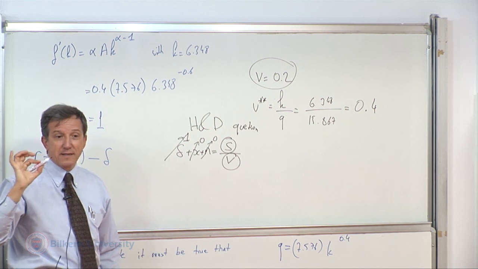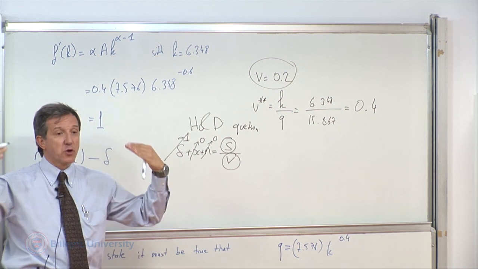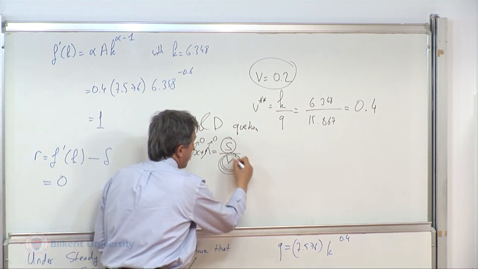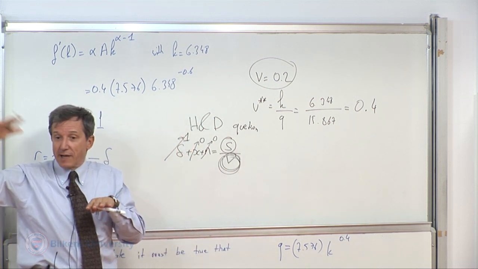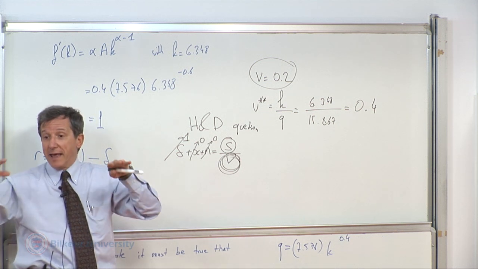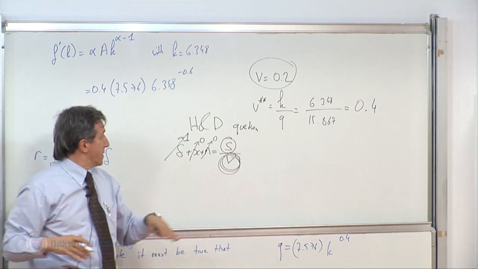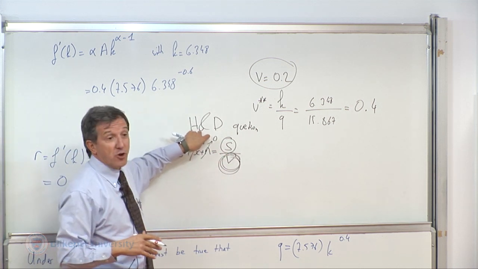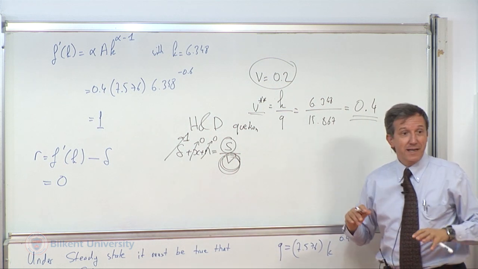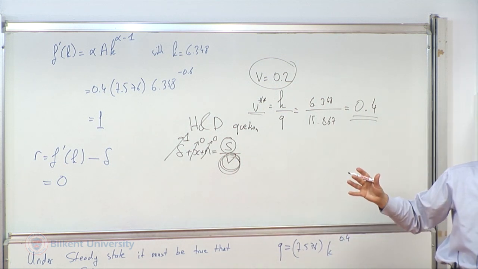So the Harrod-Domar stability condition had been met by changes in V. V has adjusted over time, and in the long-run equilibrium it produced the Harrod-Domar equation with V equal to 0.4. That's how this economy has operated.